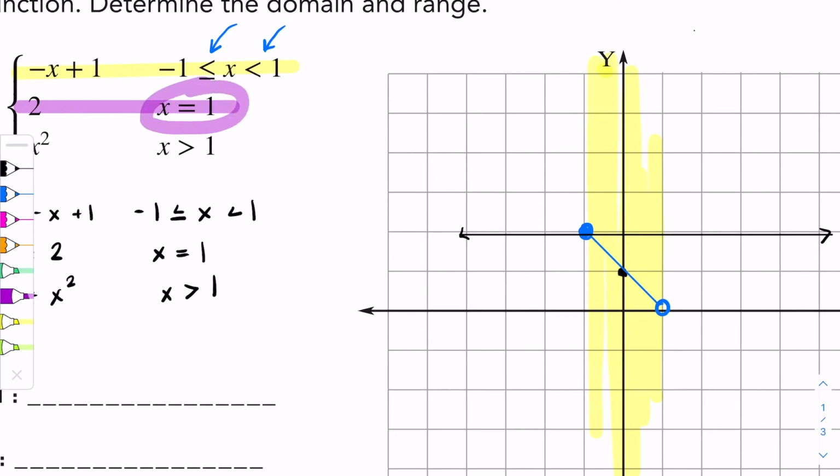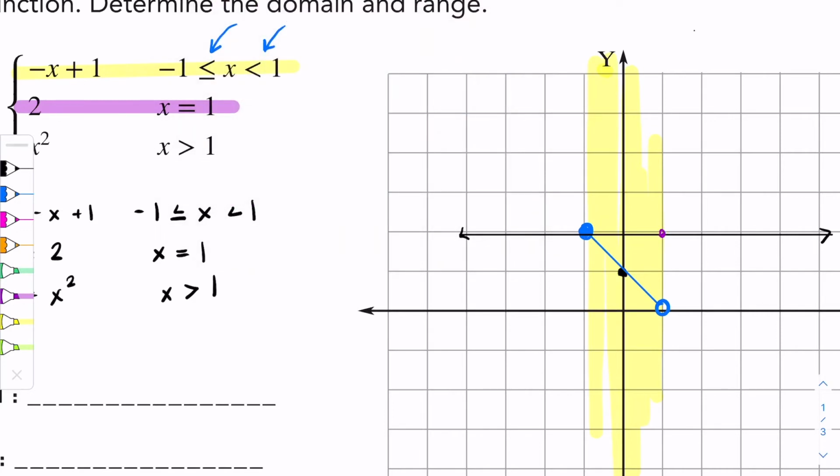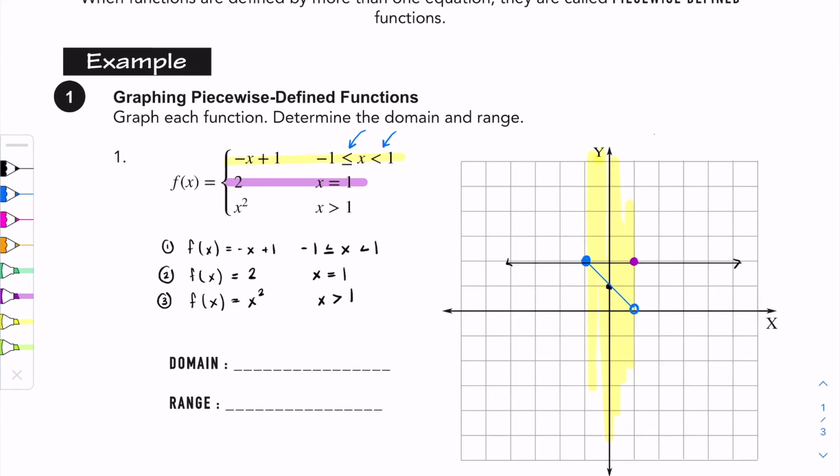So it's not telling us to restrict it on a certain interval. It's telling us to restrict it to a single value of x equals 1. It's also saying that x equals 1, so that would be a solid point in the coordinate plane. We can get rid of the rest of the line. We're just keeping that single point.